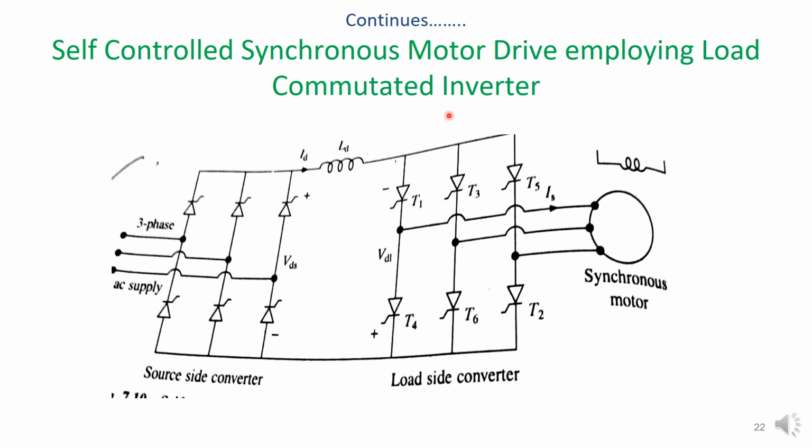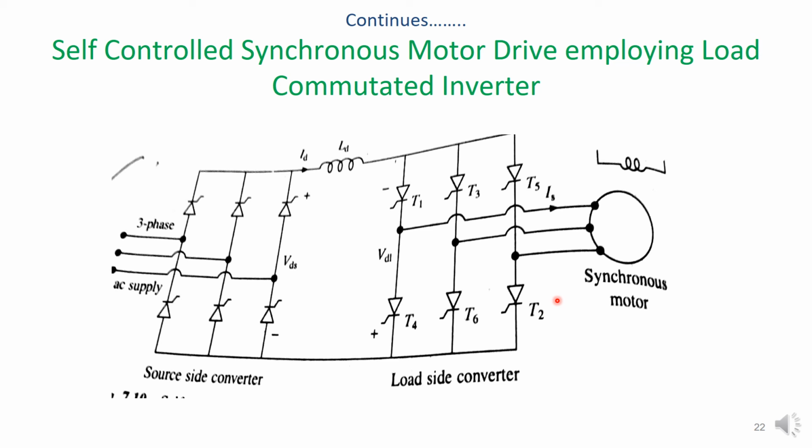Then the DC is converted into AC using the load side converter with the firing angle kept between 90 and 180 degrees. That is, power flow can go from the source side to the load side. So here the firing angle is between 0 and 90 degrees. Here the firing angle is between 90 and 180 degrees.